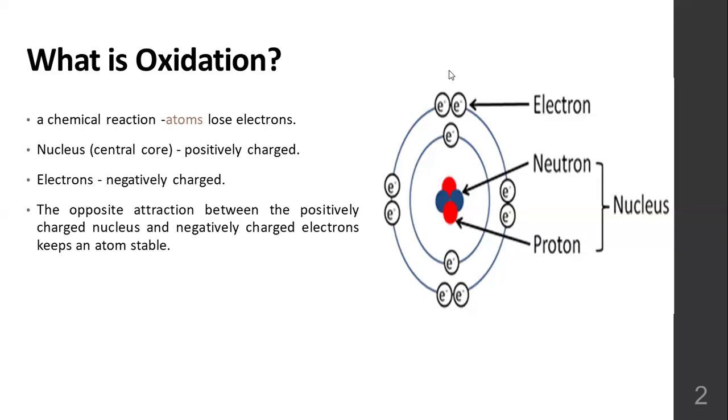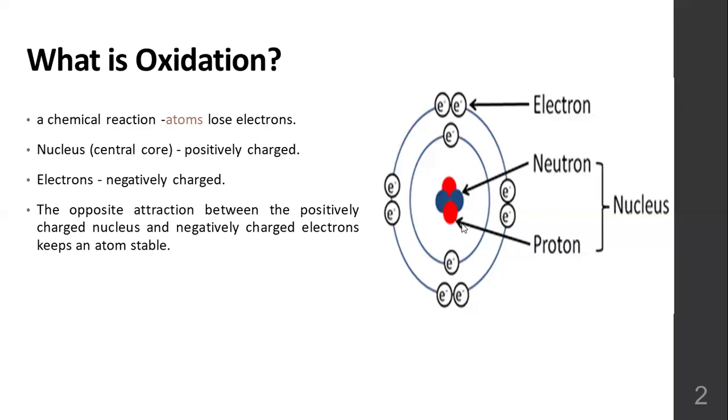But electrons are in the shells, revolving around the atom. There are different layers of shells, and majorly atoms lose the electrons which are at the outermost shells.